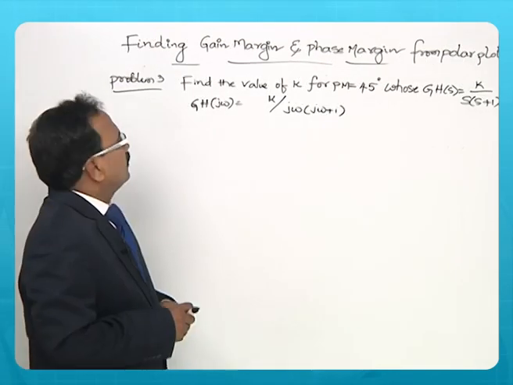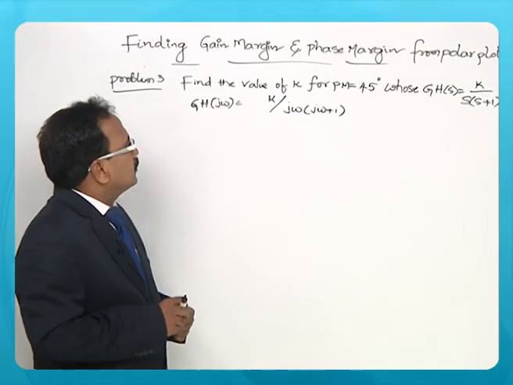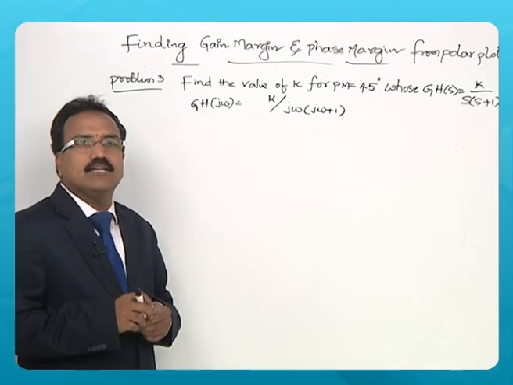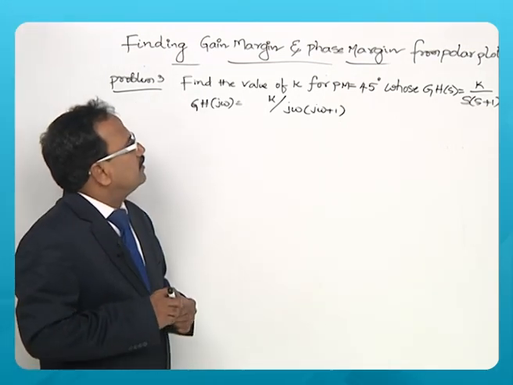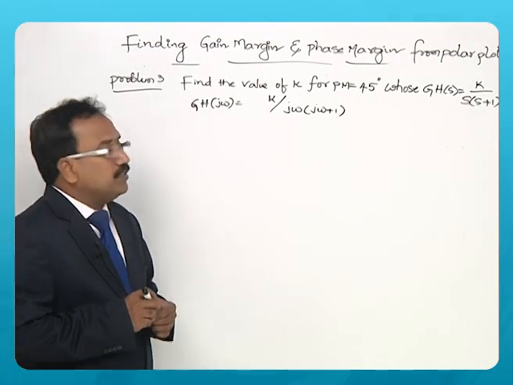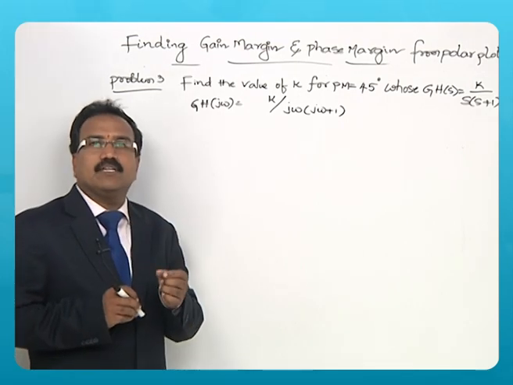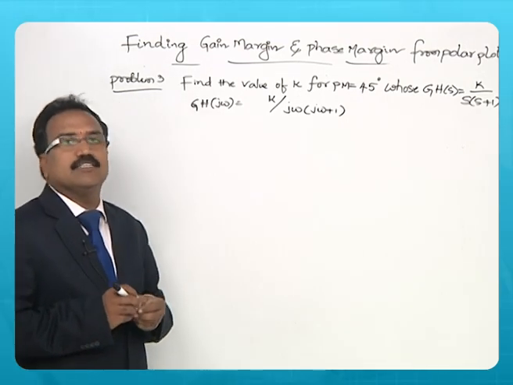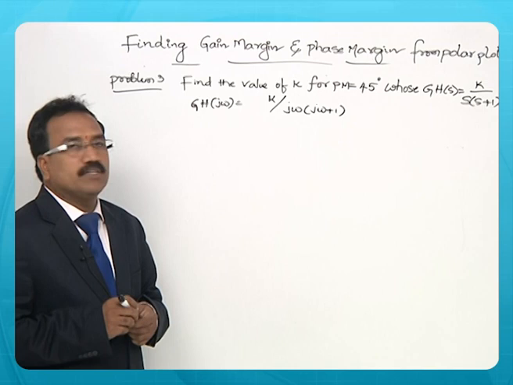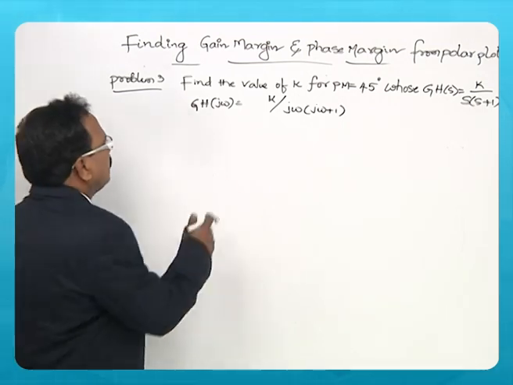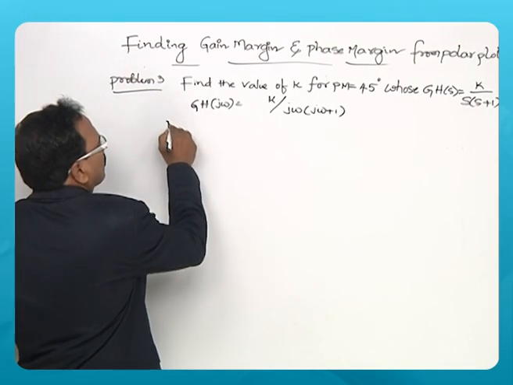The given loop transfer function consists of the term K. It is called the gain constant, and in this case you need to find that gain constant K for a specific phase margin, indicated in the problem as 45 degrees. So for this I must know the magnitude term.